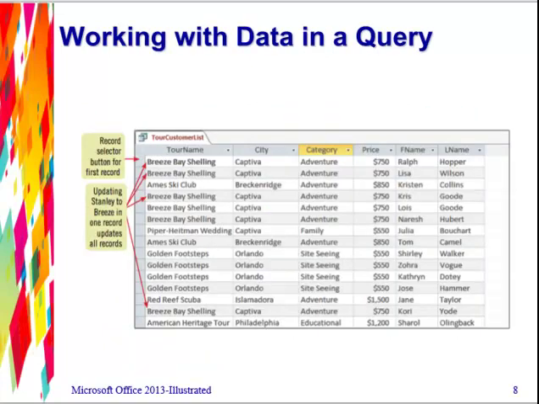In this case, the query asks for the tour name, city, category, price, and then asks for the first and last name of the customers. When you select a record, you push the buttons on the right hand side to select the record, and then if you find something in there that needs to be changed, you can go ahead and change that.